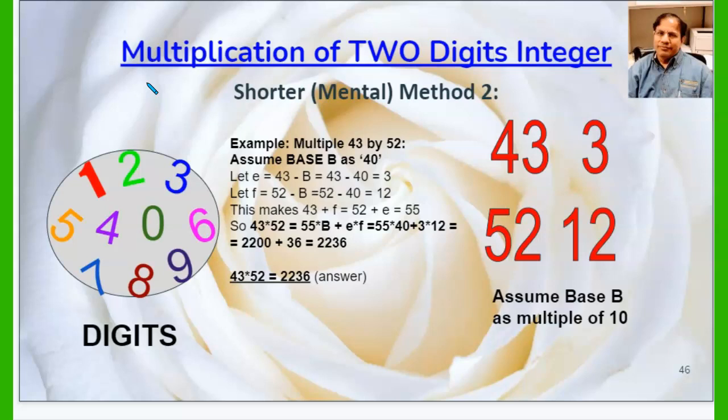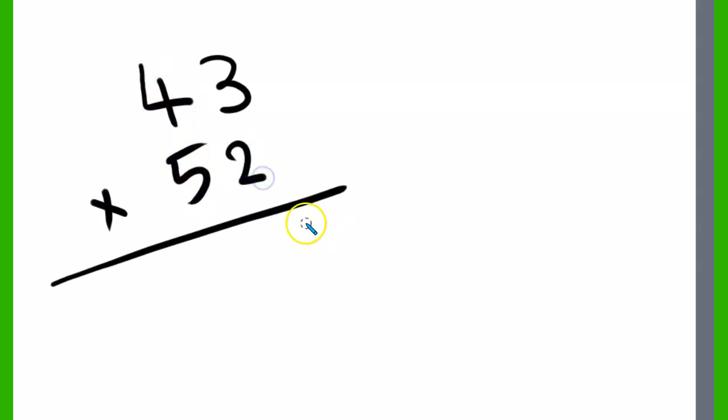In this method, we assume a base number. The base number is any number that's a multiple of 10. And so let's see how we use this method and see how it is shorter than the previous method. So we write 43 times 52, and we take the base b as 40.